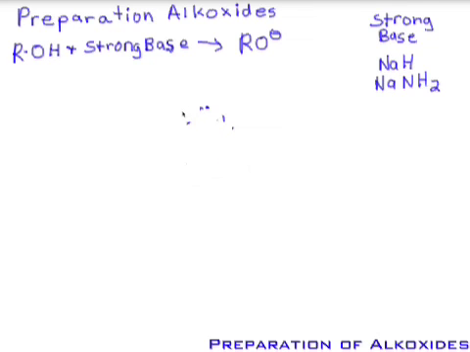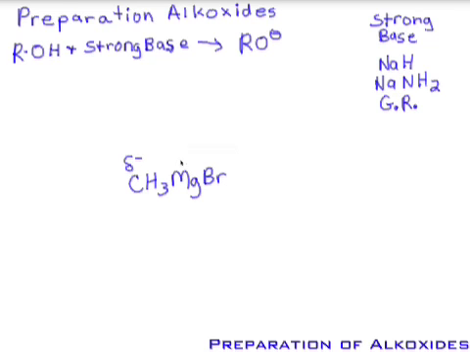Okay. What other strong bases can be used? Well, of course, there is the Grignard reagent. Remember Grignard reagents such as methyl magnesium bromide? Here, magnesium is less electronegative than carbon.